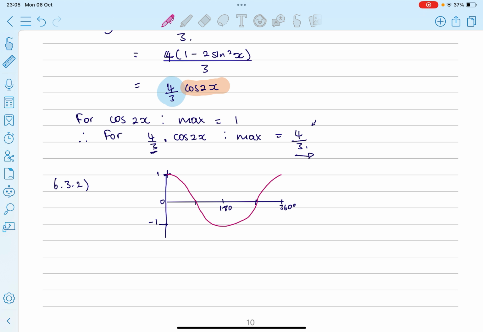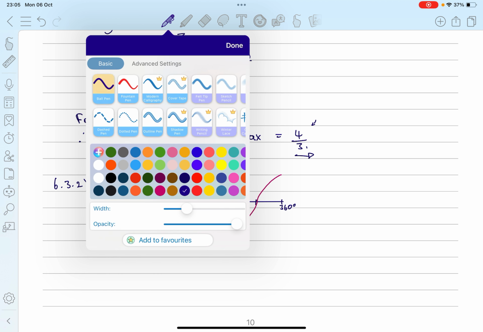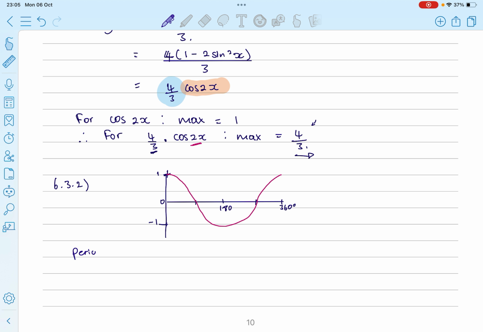So for this new graph that we have, the 4 over 3 cos 2x, we need to first realize that we've got that coefficient of x, which affects our period. So the period of our new function is going to be 360 degrees divided by 2, which is now 180 degrees. And we also said 4/3 affects the amplitude, which means that our function is now a little bit more stretched. 4/3 is like 1 1/3, which is like 1.3333.